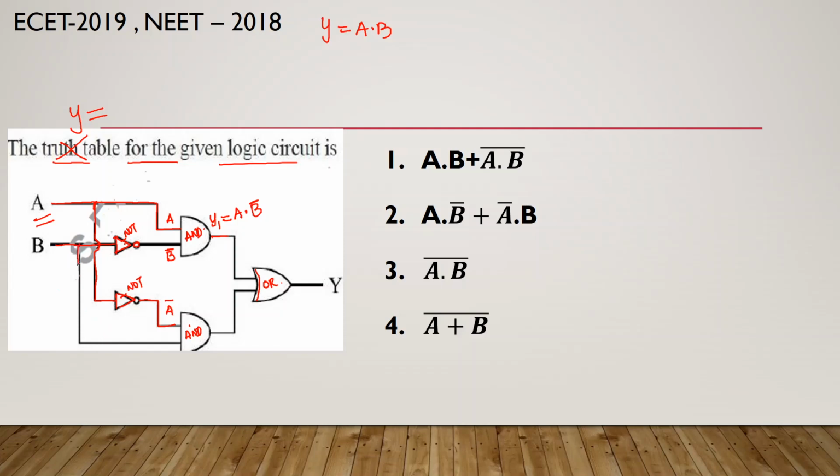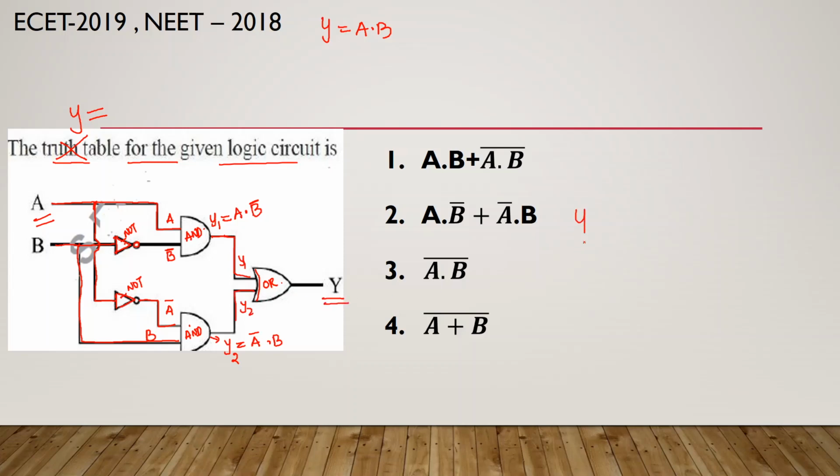The other input is B. It is applied to the AND gate directly. So what is the output for this AND gate? Let it be Y2. It is nothing but A dot B, so here it will become A bar dot B. Now the Y1 and Y2 inputs are applied here. Which gate is this one?